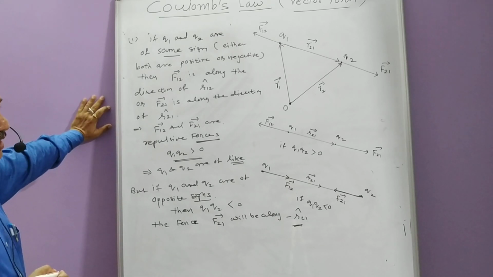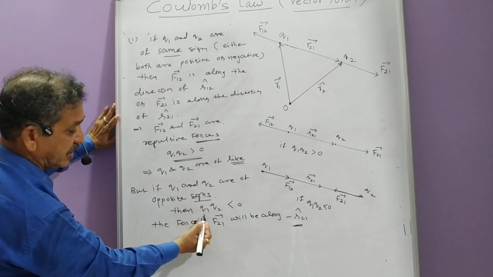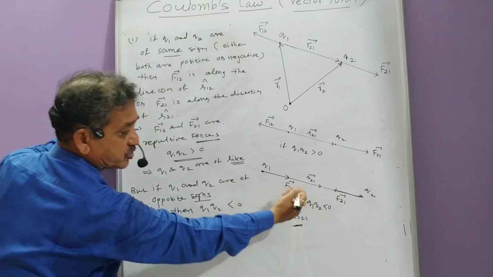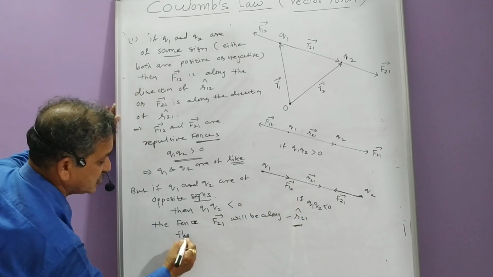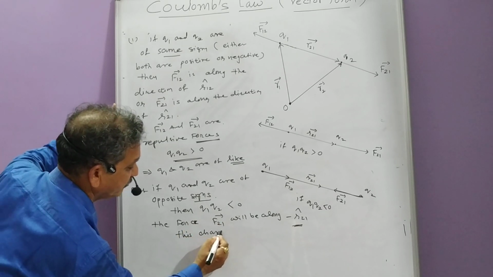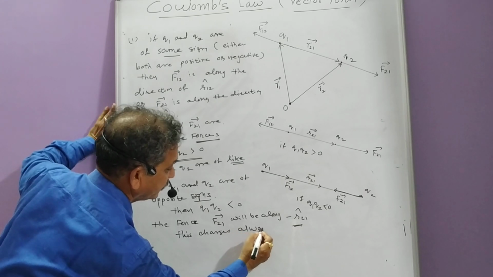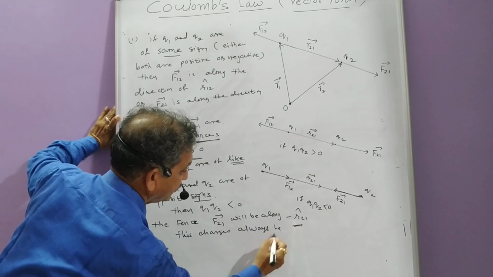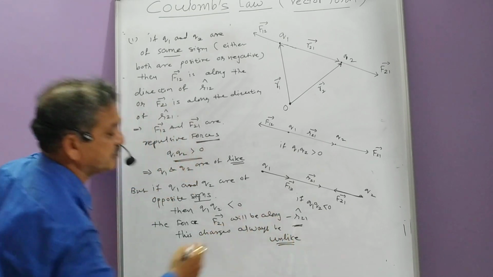And as it is along the minus unit vector r21 direction, this kind of force is reversed, and because of which these charges are always unlike charges.